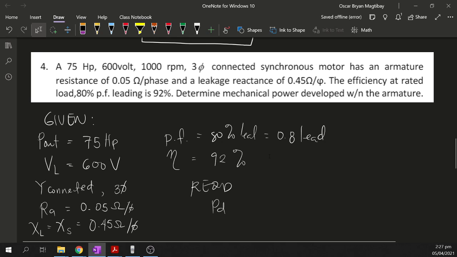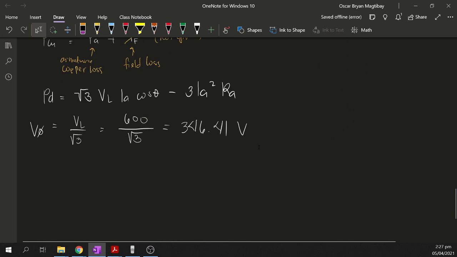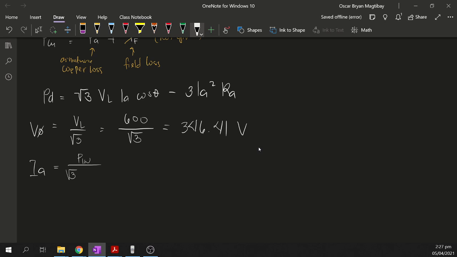Next, paano natin makukuha si IA? IA is equal to Pin over square root of 3 VL cosine theta.